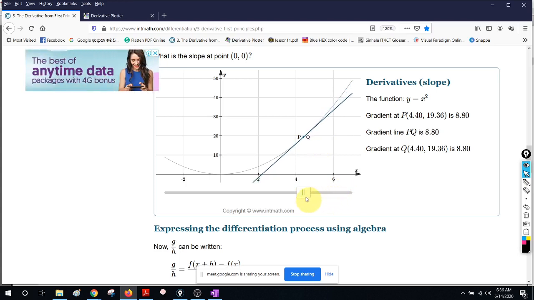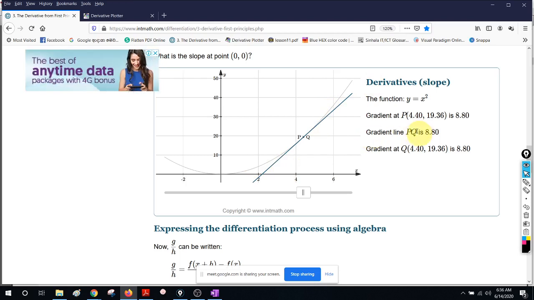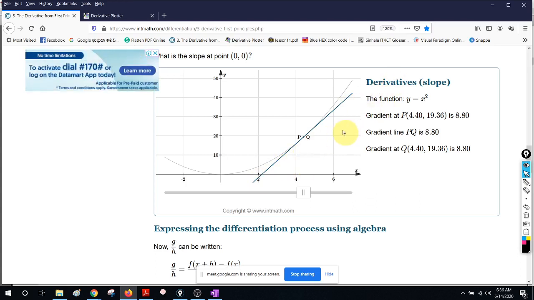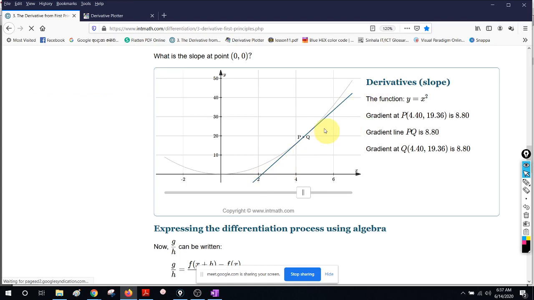What I really need is the gradient of this tangent. This is called the tangent, and that is how the term tan came for trigonometry also. It comes from the tangent.